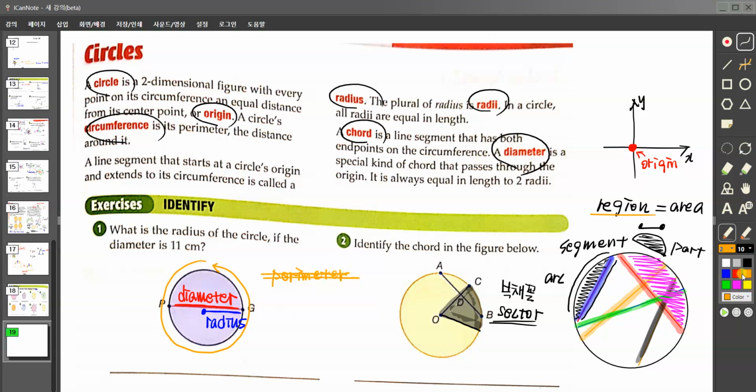Distance around it is right for explaining what circumference is, but you do not use that kind of word in your answer sheet. It's really tricky.